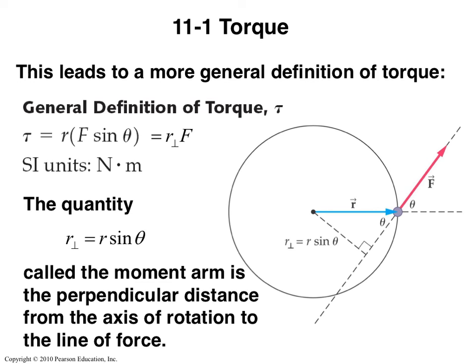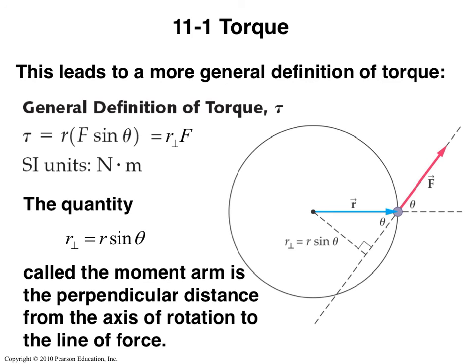But if you look at the geometry, if this is theta, that's an alternate angle, that's also theta. If this is R, then if you form this triangle, this is R sine theta. So I can bring this sine theta term and group it with R, and then write that as R perpendicular times F. This quantity, R sine theta, is called the moment arm.